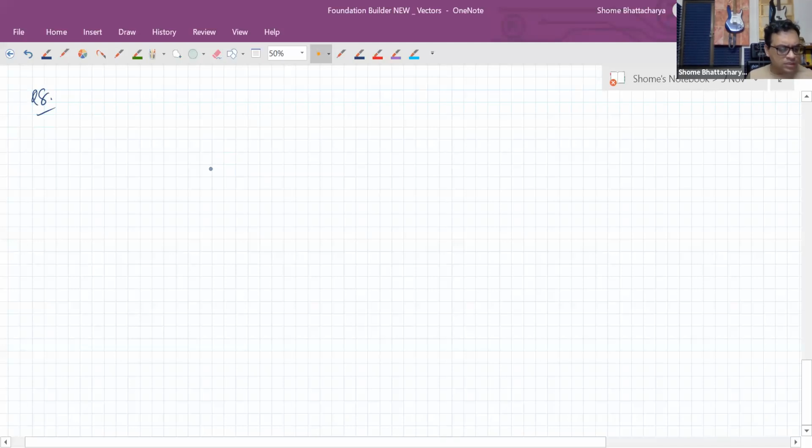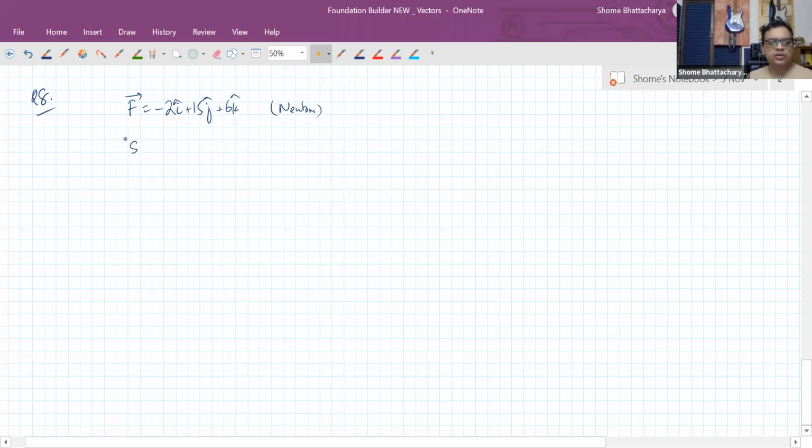So it says a body is constrained to move only in the y direction under the action of a force. So the force acting on it is minus 2 i cap plus 15 j cap plus 6 k cap in newtons, let's say.